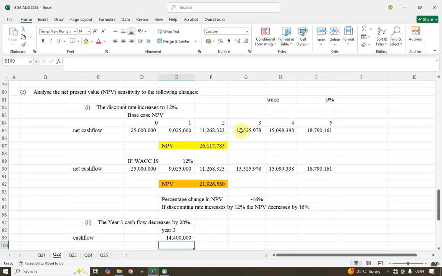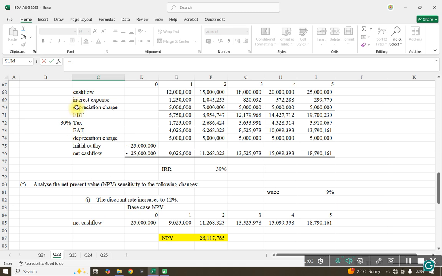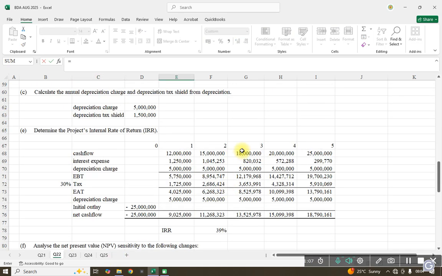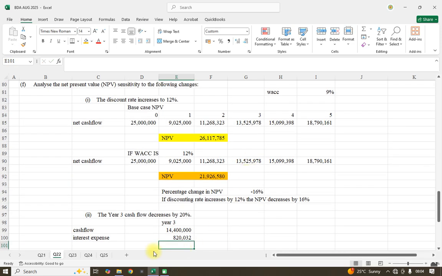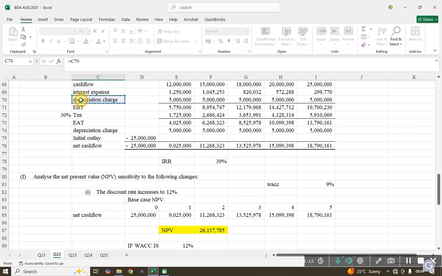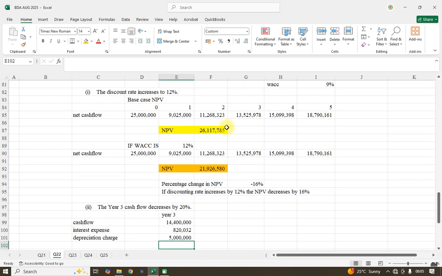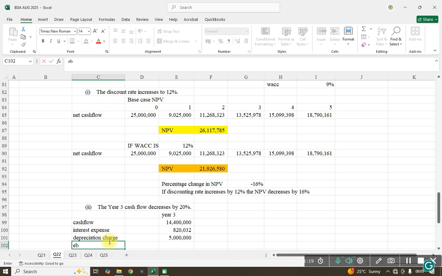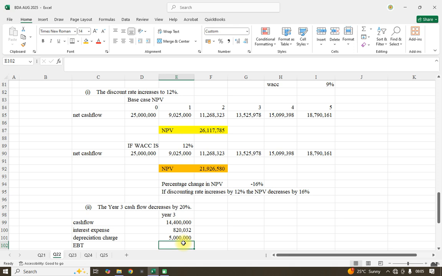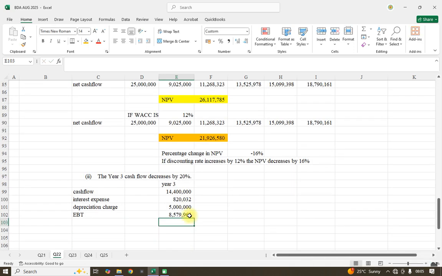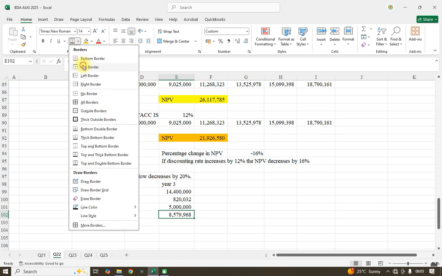Then our interest expense, our depreciation will remain, the depreciation charge. Our earnings before tax will be that way.